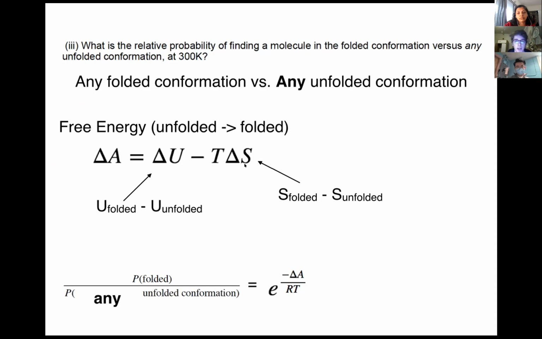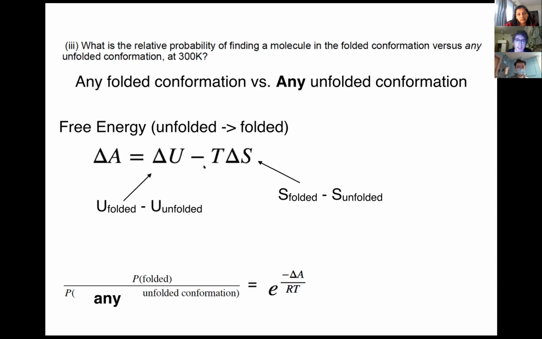And then the entropy, we know that the unfolded protein is going to have higher entropy, so that will make the free energy more positive. And by plugging this value into the Boltzmann factor, we'll see whether the change in energy is enough to overcome the unfavorable change in entropy when going from unfolded to folded.